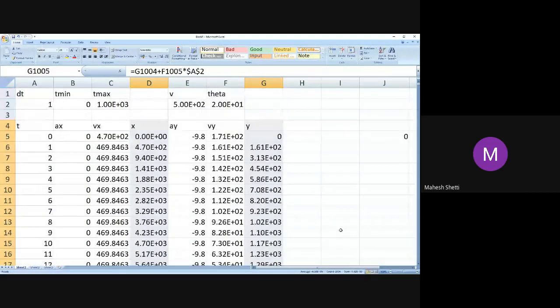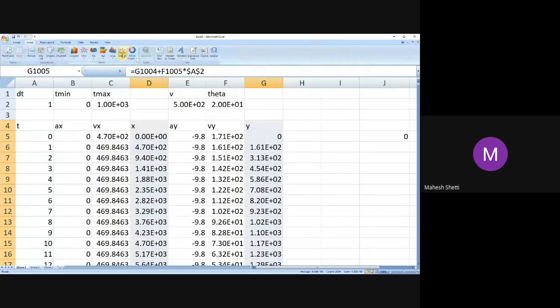Yes, that's correct. That T max is unnecessarily very large. 1000 seconds is about 20 minutes. The body can't keep falling for 20 minutes. I should have guessed that. Thank you, Atul sir. But those insights we need to always keep in mind.